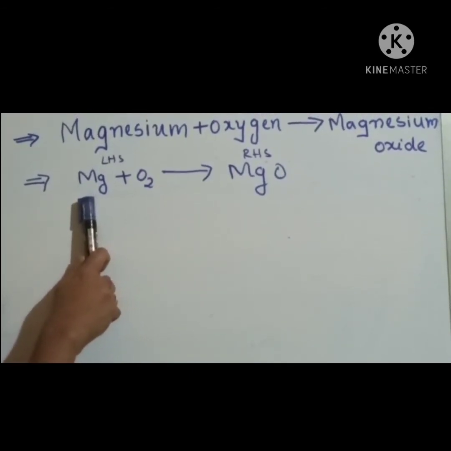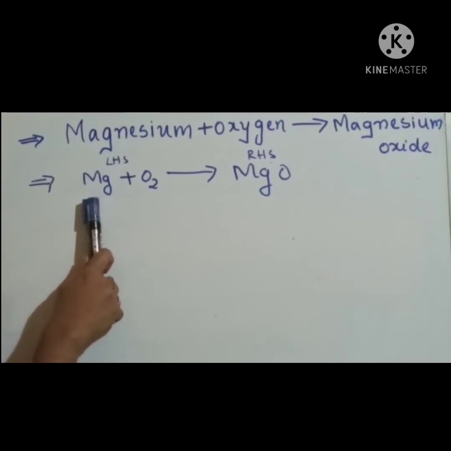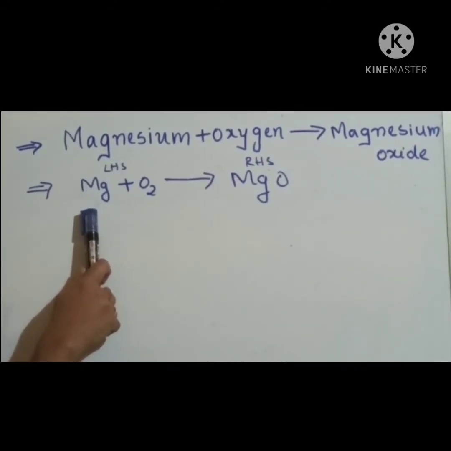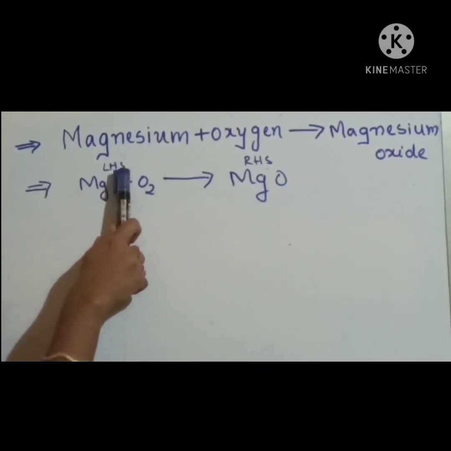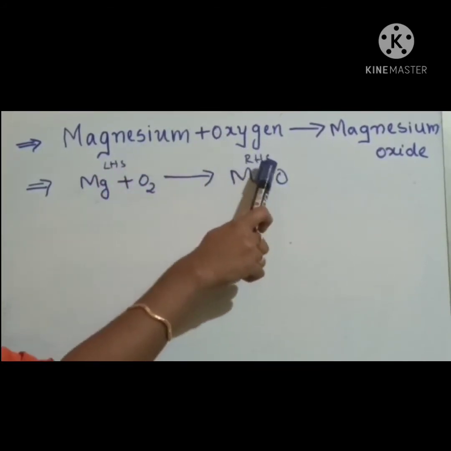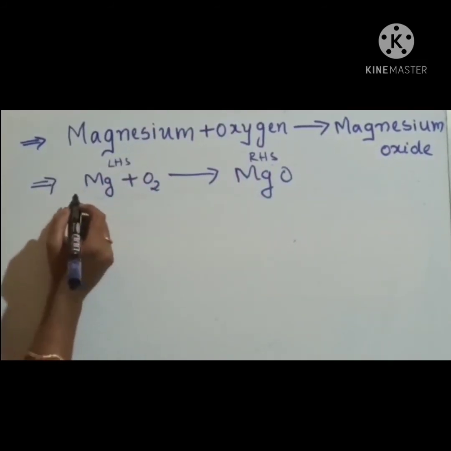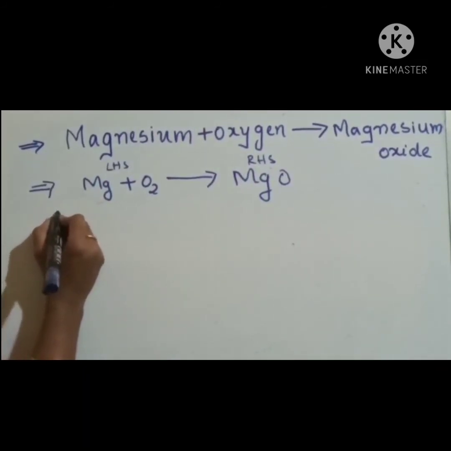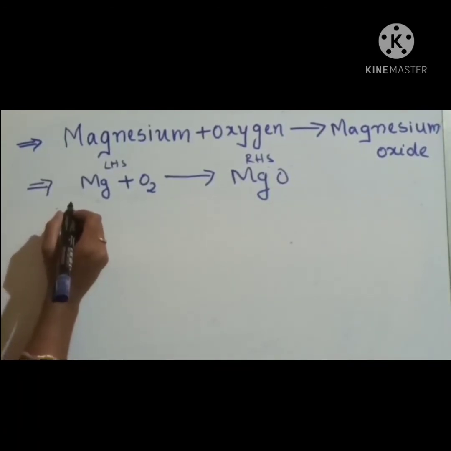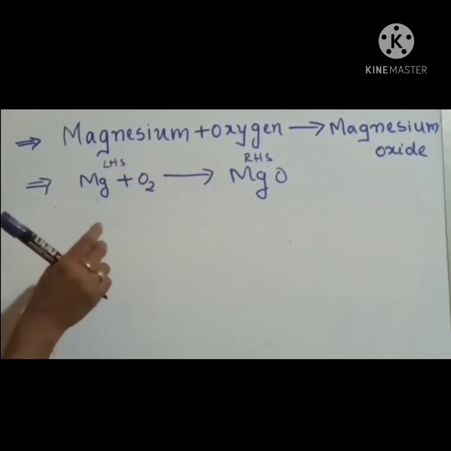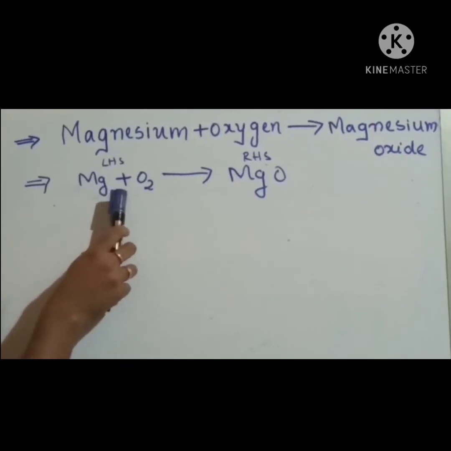According to the law of conservation of mass, the number of atoms of each element present on LHS must be equal to RHS. Let's check. How many elements are participating in this reaction? 2. What are they? Magnesium and oxygen.